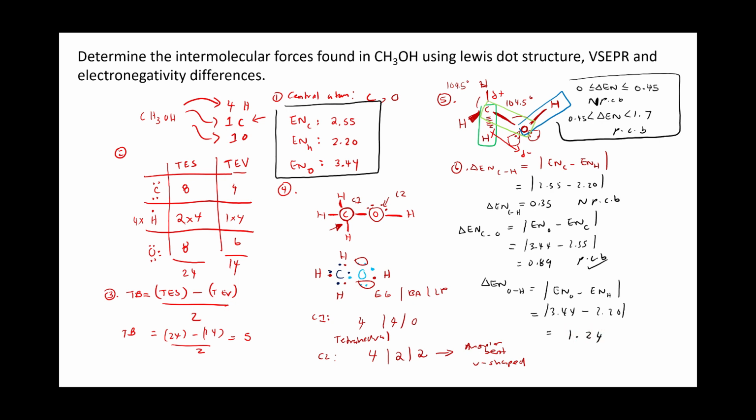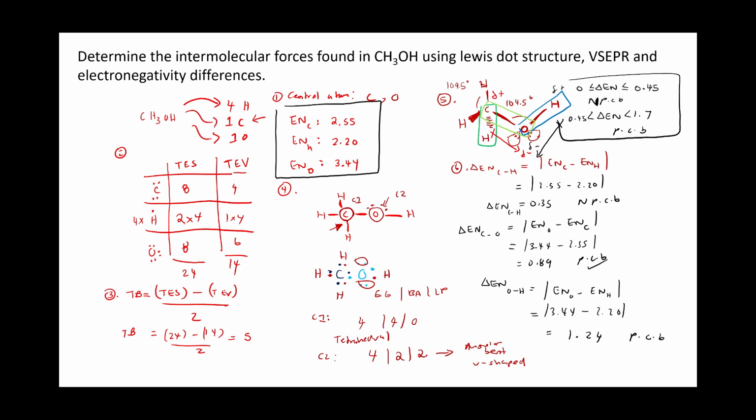So this, for sure, is the largest electronegativity value we have. This is definitely a polar covalent bond. So we have another dipole. This one's going to be longer, actually, because it has a larger value. But remember, this is just a sketch, guys. This is partial negative, and this is partial positive.